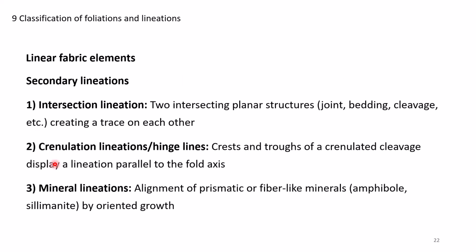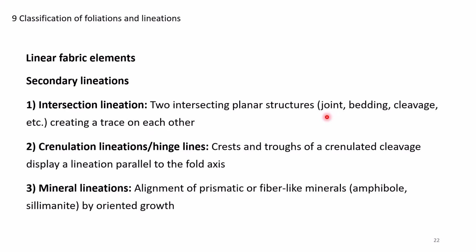In structural geology, we are more interested in secondary lineations, and they are the result of deformation. A very common type of lineation is the intersection lineation. Two intersecting planar structures show traces of each other on the surfaces.